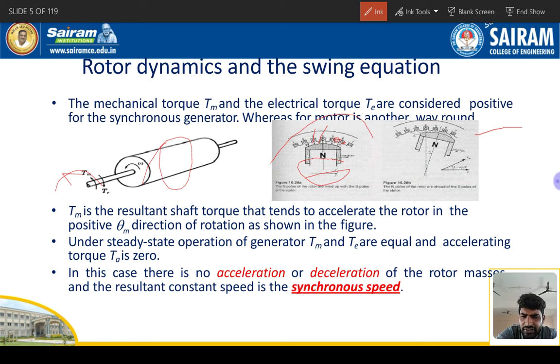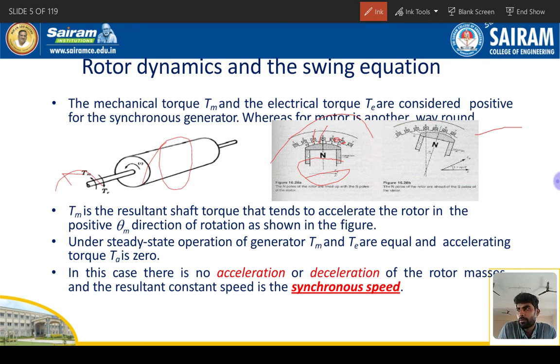Only a slight difference will occur, and finally the difference will be 0, because we get the same value, okay. In this case there is no acceleration or deceleration of the rotor masses, and the resultant constant speed is the synchronous speed. So, synchronous speed, constant speed.